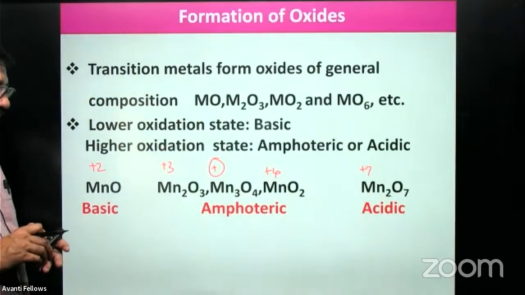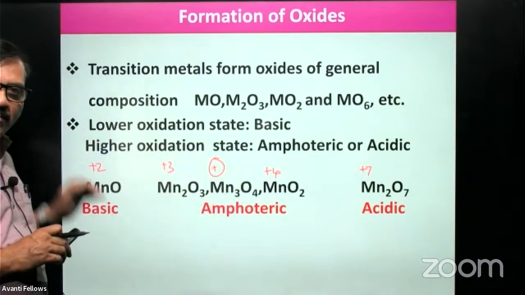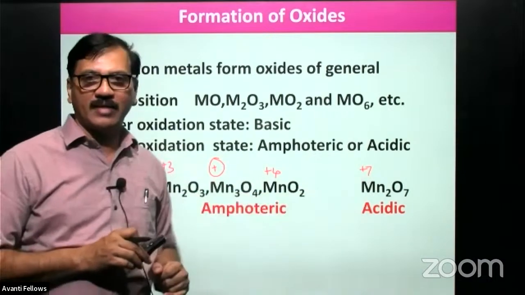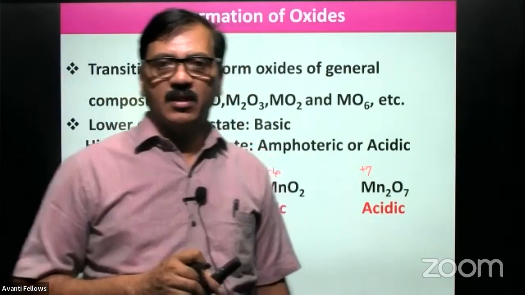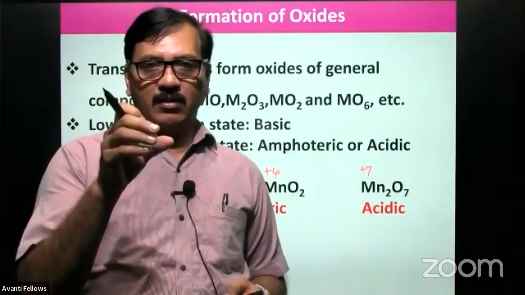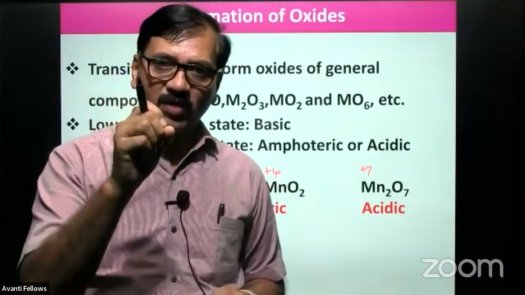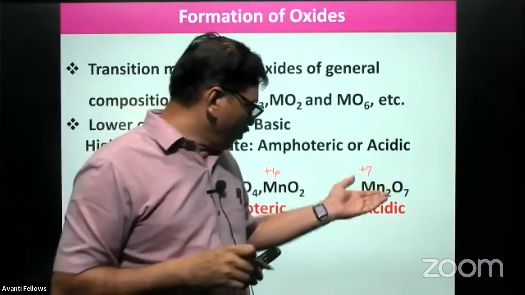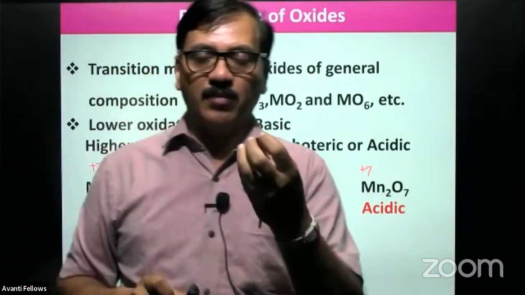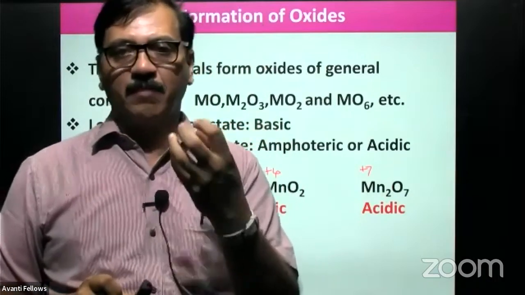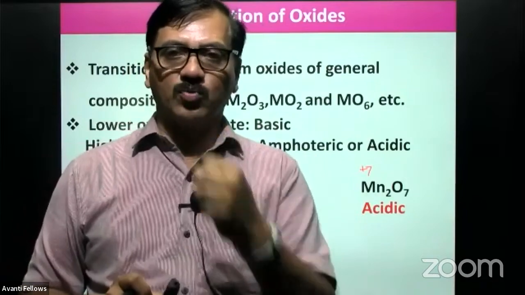You find that when the oxidation state increases, the oxide changes from basic to acidic. What could be the reason for such a change? When the metal loses more and more electrons, the cation becomes very, very small. Suppose it loses 7 electrons, the number of protons remains the same, so there is a large attraction and the cation becomes small.